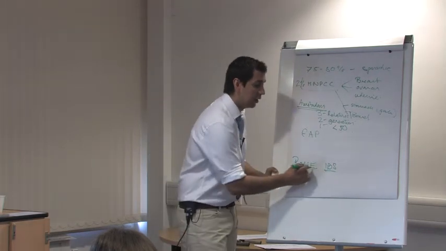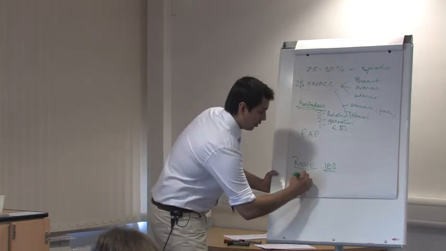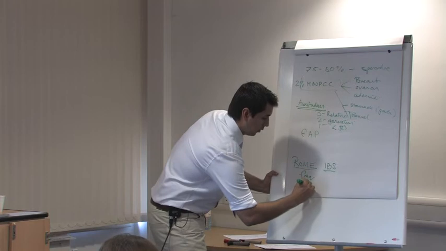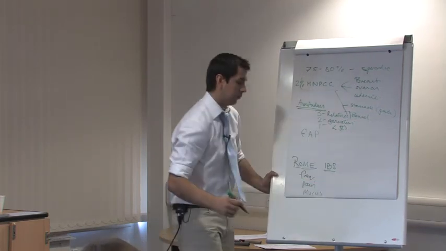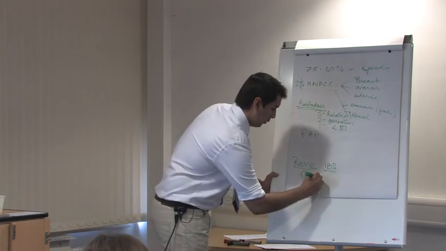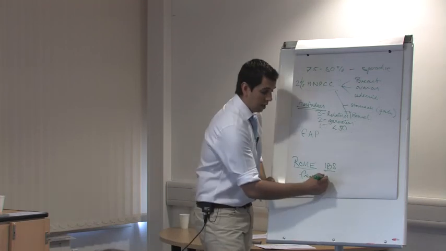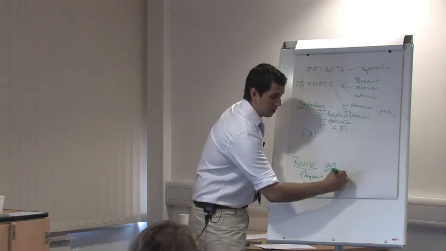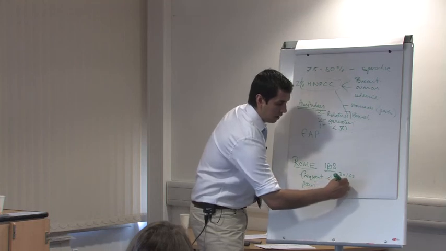The Rome criteria. I think of this as you have frequent pain and mucus. That's frequent. So the frequency, their bowel frequency, is either less than 3 times a week or more than 3 times a day.